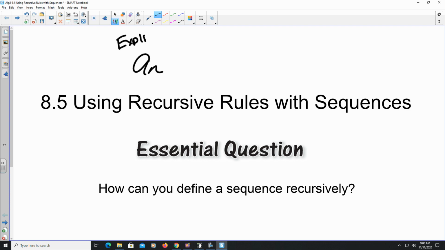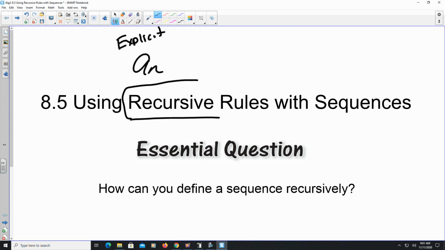When it's recursive, we are giving the beginning term of a sequence and relating whatever a sub n is to one or more preceding terms.